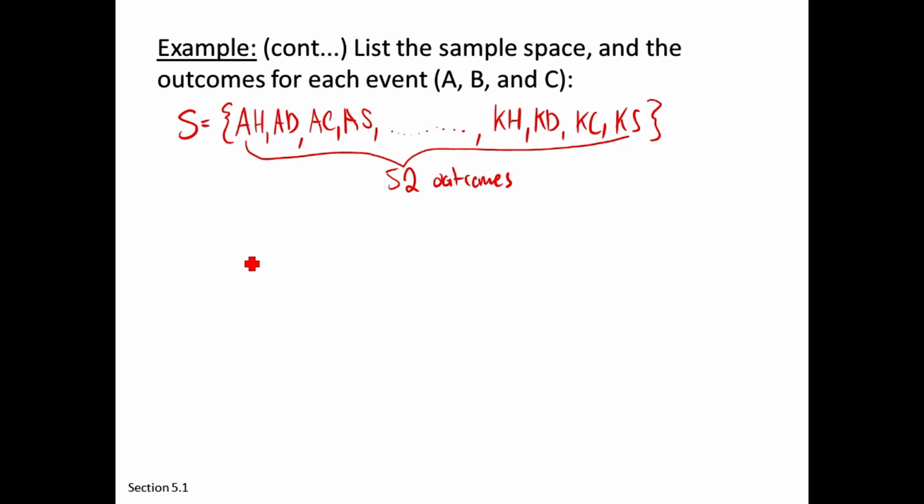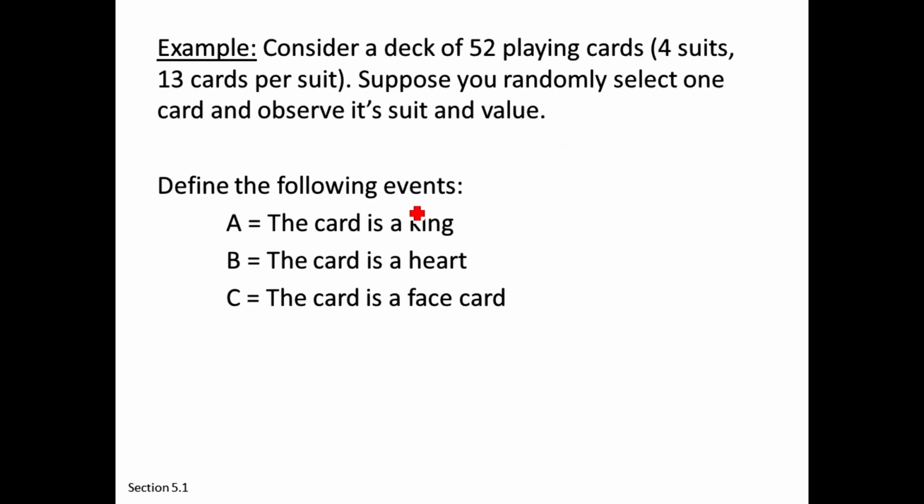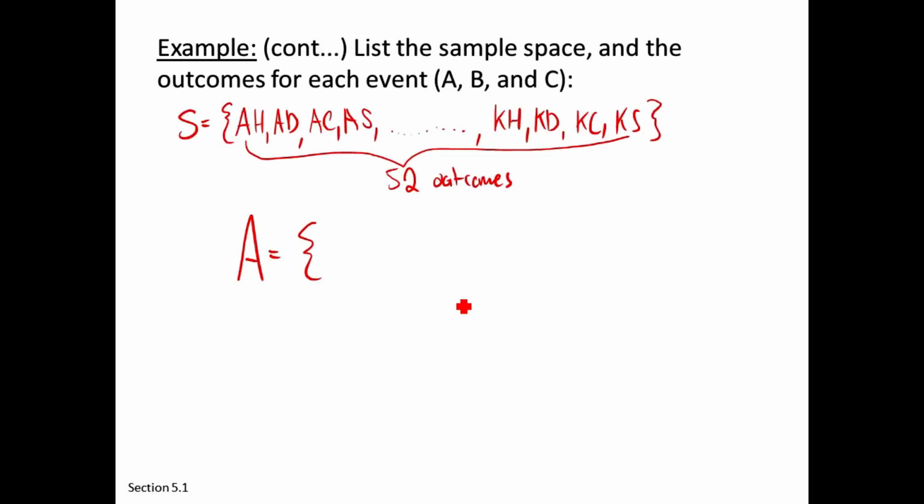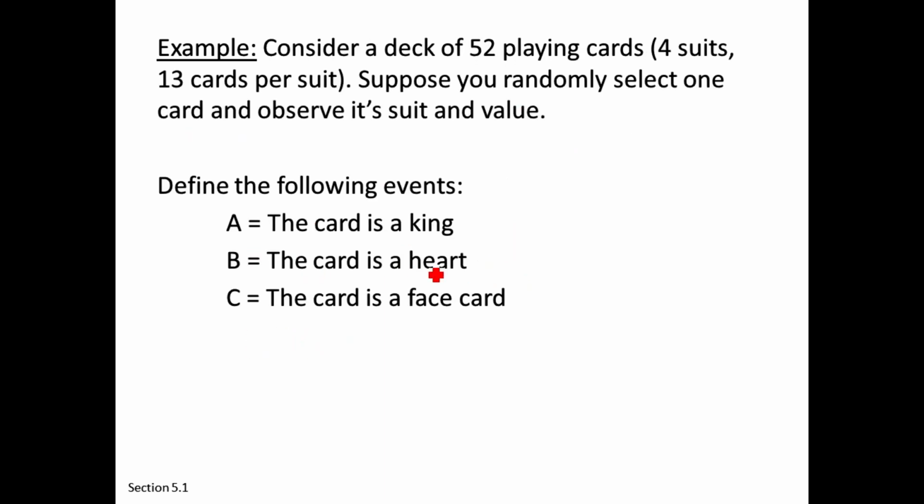How about A? What outcomes are in A? A was that the card is a king. How many outcomes are in A? 4. You've got your king of hearts, diamonds, clubs, and spades. How about B? B was a heart.